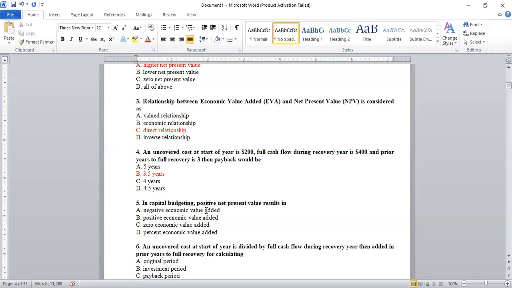In capital budgeting, a positive net present value results in a positive economic value added.